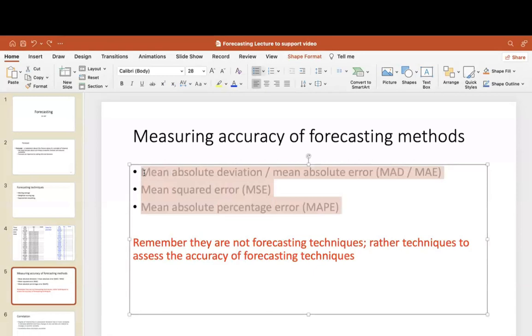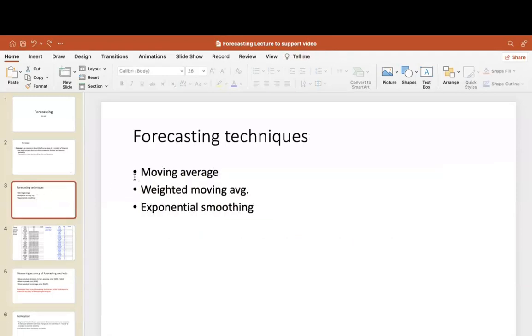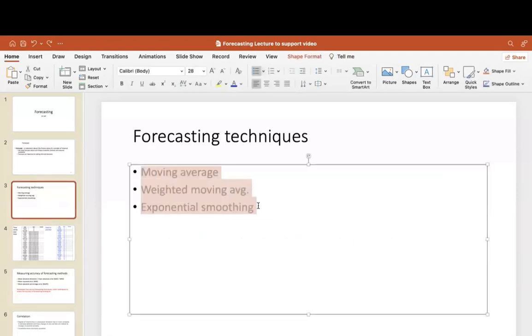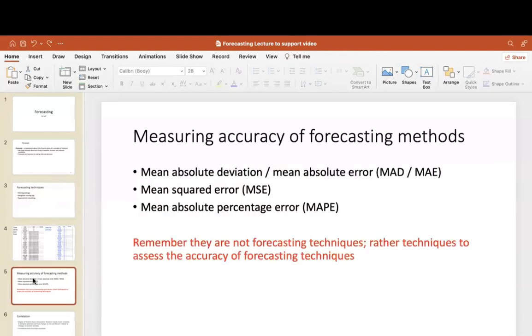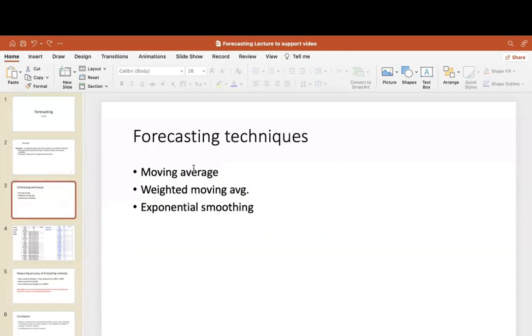Now, again, remember, the techniques we used so far are for forecasting. The techniques that we are going to do now are not meant for forecasting, but to assess the robustness of these three techniques.